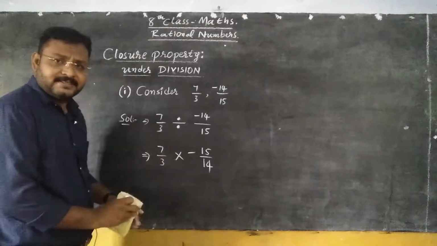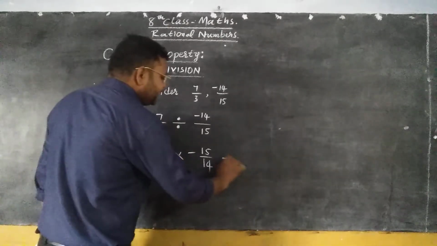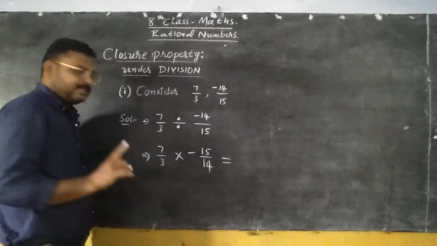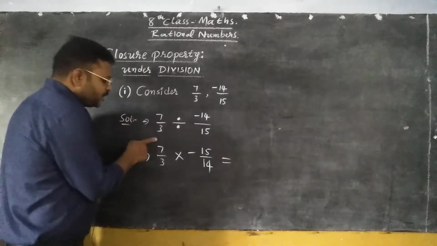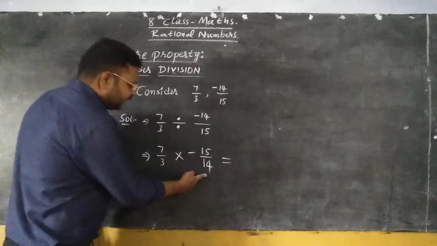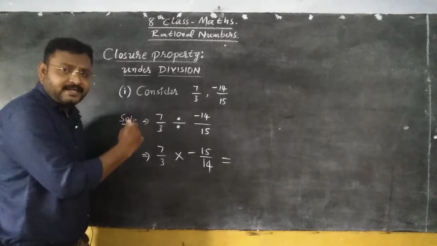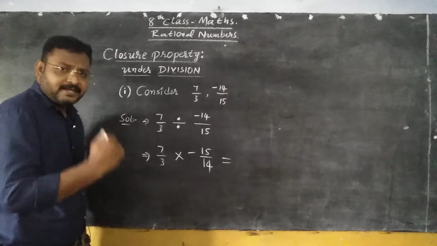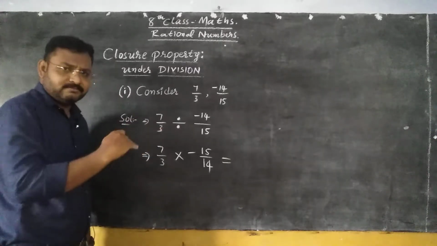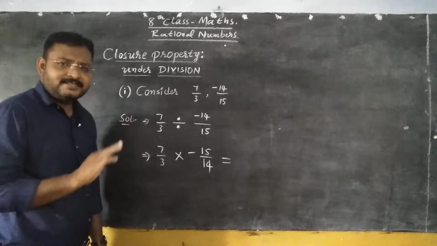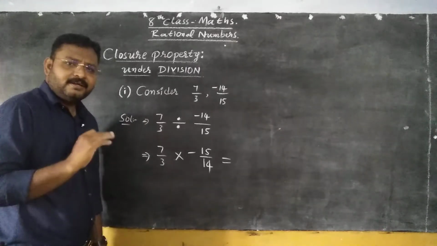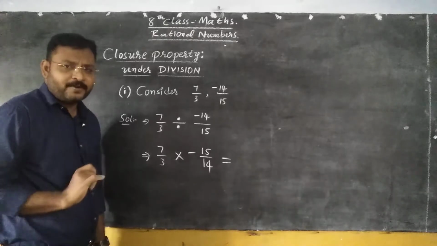After this, if there are any cancellations, you can cancel a numerator with a denominator, or a denominator with a numerator. Don't cancel numerator with numerator or denominator with denominator. That is the wrong process.